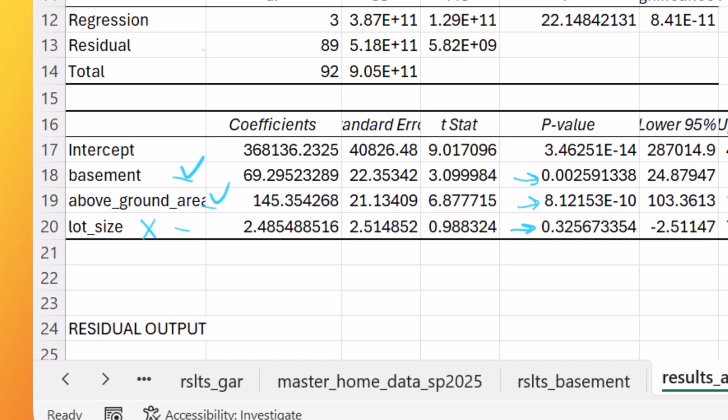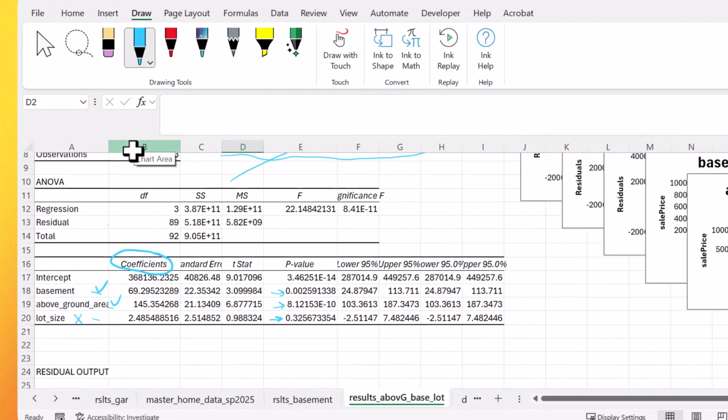Now, I wanted to show really quick, what do these coefficients mean? Well, in this case, if I wanted to make a model of the sale price of the home, I could say that sale price is going to be equal to, in some way or another, the square footage of the above ground area.